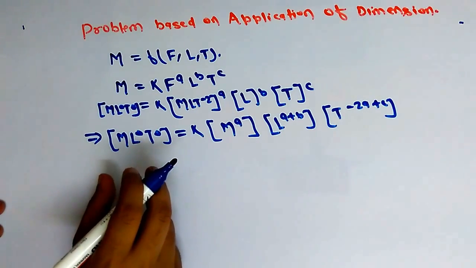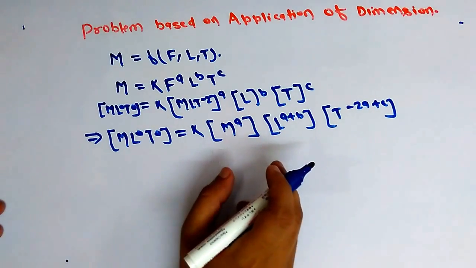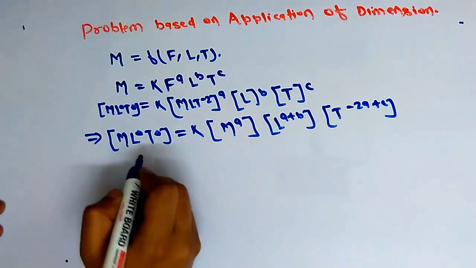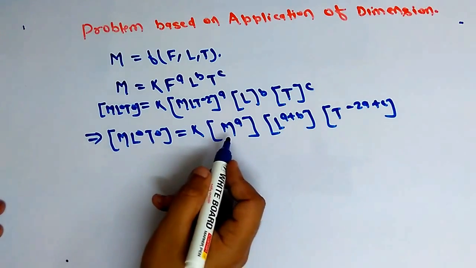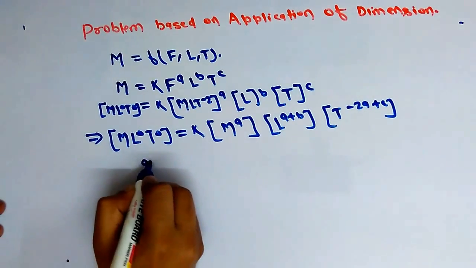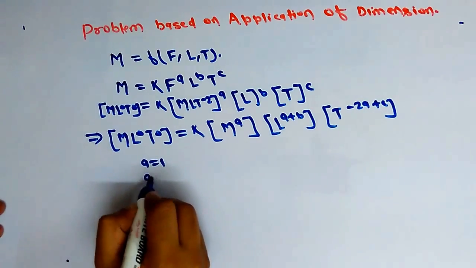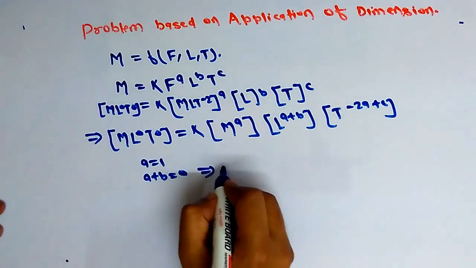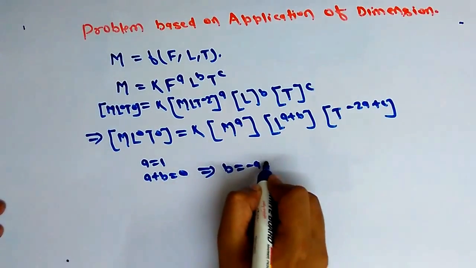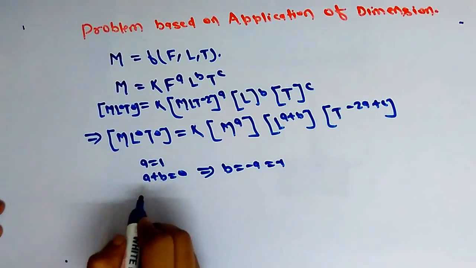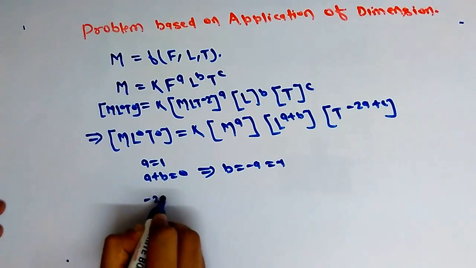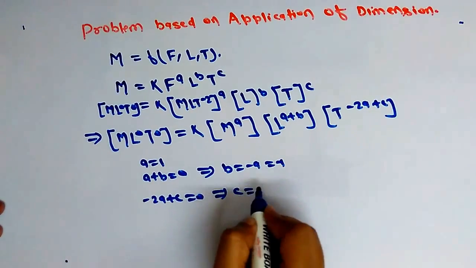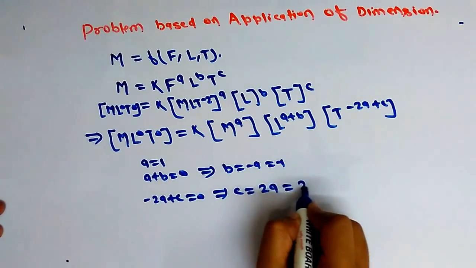we can equate the dimensions of the LHS with the dimensions of the RHS, and after equating, we get a equals 1 and a plus b equals 0. So I can calculate from here that b equals minus a, that is minus 1, and for t, minus 2a plus c equals 0, so c equals 2a, that is 2.